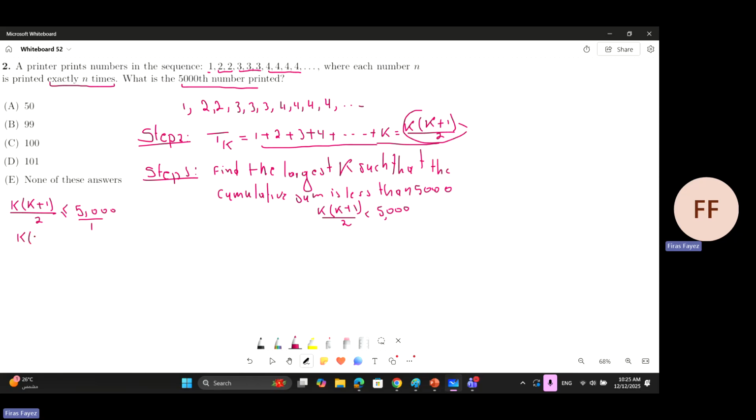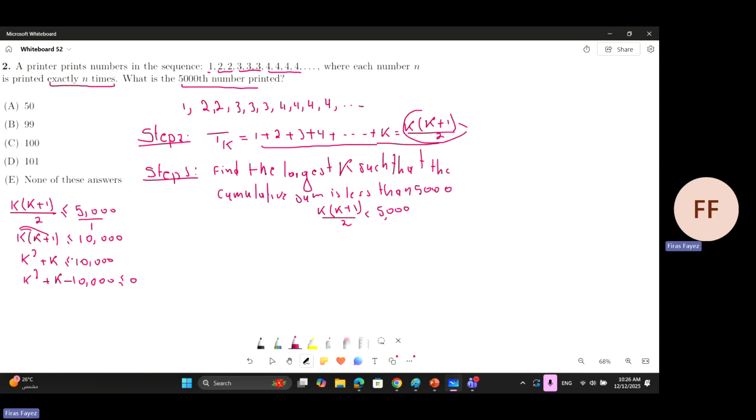So this is k times (k plus 1) less than 2 times 5,000, which is 10,000. Now, using the distributive property, multiply k with each term of this factor: k squared plus k is less than 10,000. So rewrite this inequality with 0 on one side: k squared plus k minus 10,000 is less than or equal to 0.